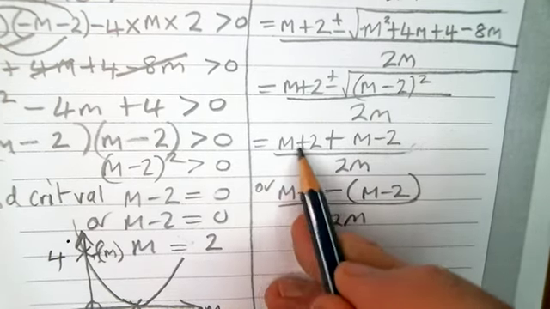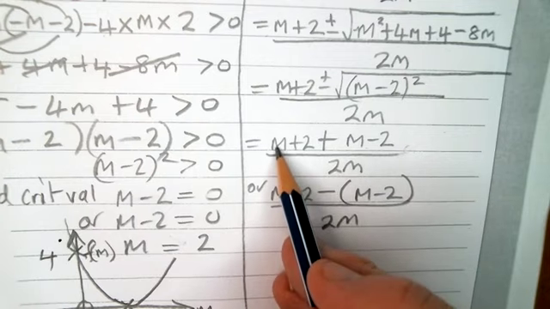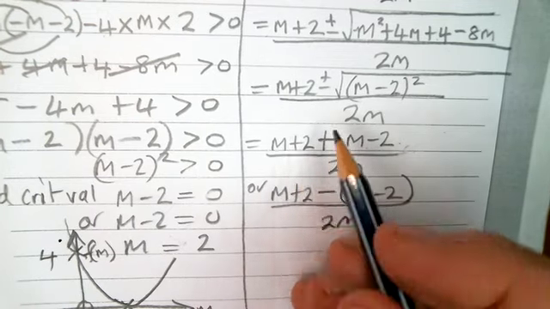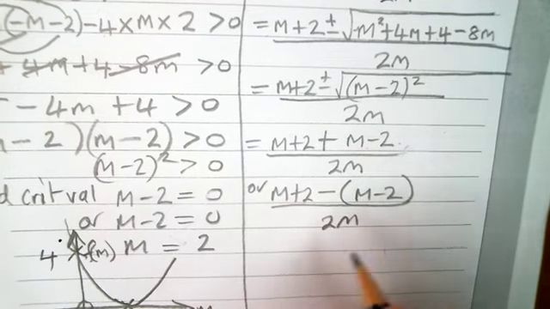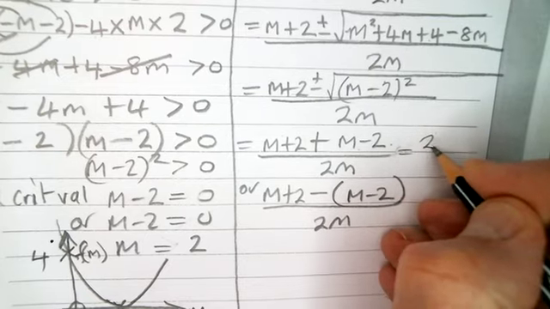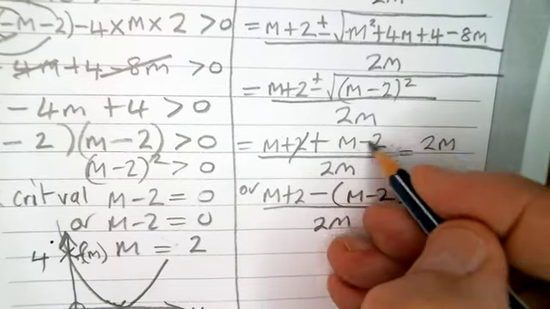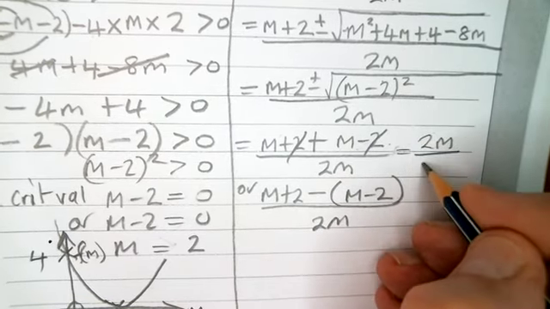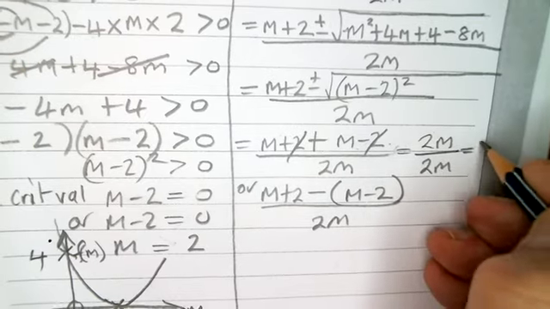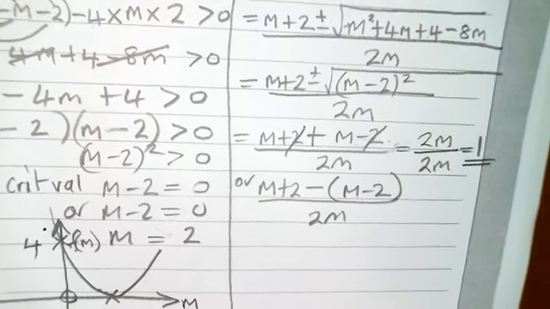So for this first one, I've got an m and an m and a 2 and a 2. So m and an m is going to be 2m. And of course 2 minus 2 disappears, divided by 2m, which equals 1. So there's my first solution.